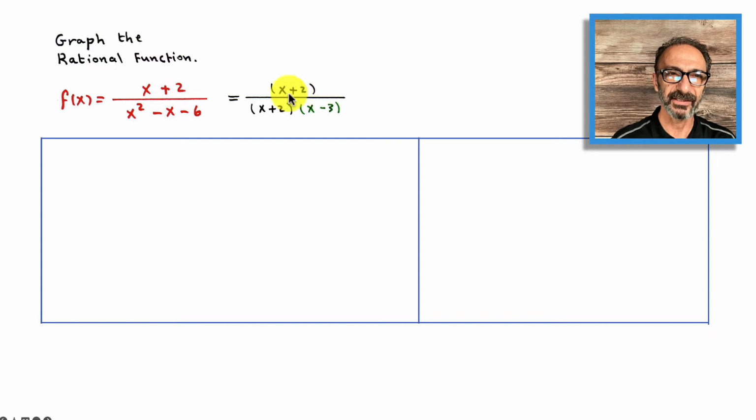And if I simplify between x plus 2 and x plus 2 and cancel them, I get another fraction or rational function that's different. It's going to be 1 over x minus 3. But the only condition under which I can do that is if x is not equal to negative 2.